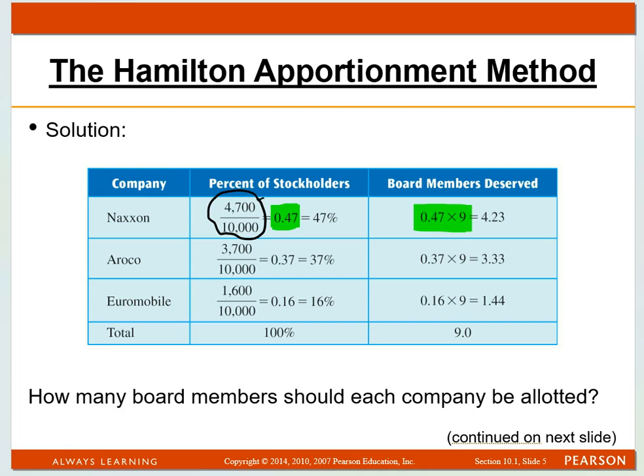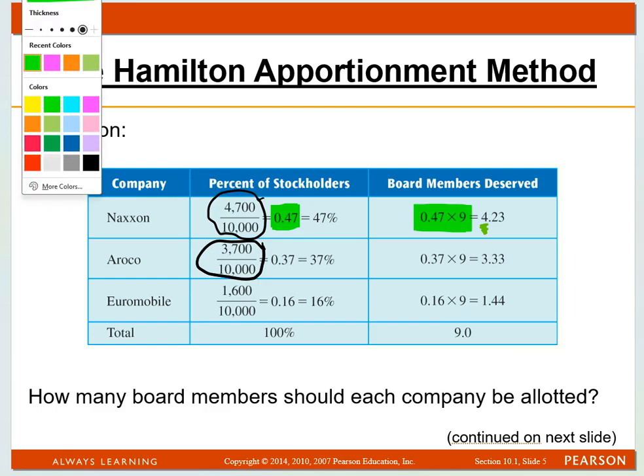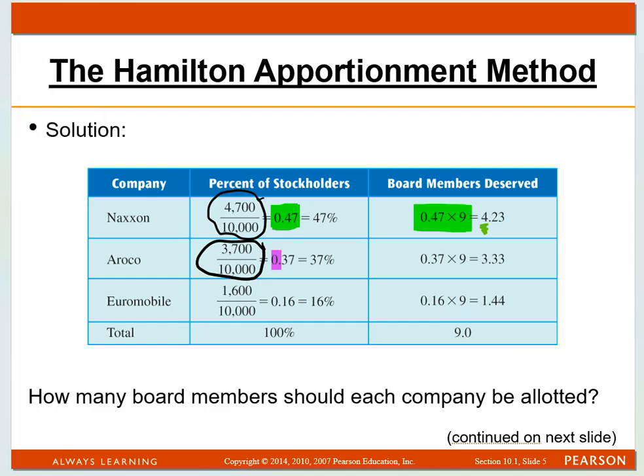So Naxon is going to get 4 seats on the board. And then they do Erico. Erico has 3,700 stockholders out of the 10,000. And they're going to get 0.37, that's 37%. But just take 0.37 times 9. And they're going to get 3 whole seats on the board.